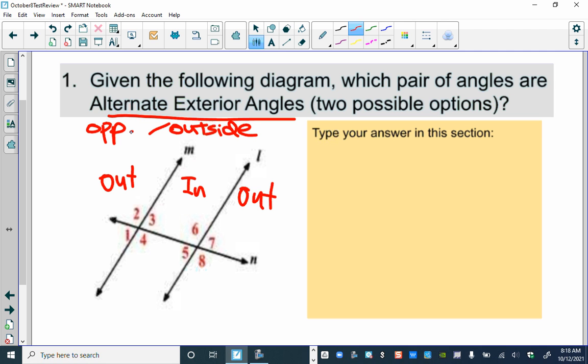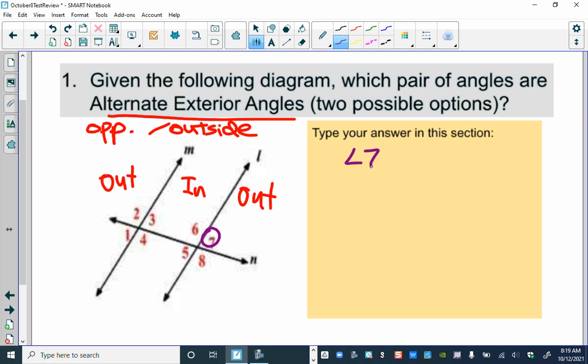All right. So, how about somebody volunteer? Pick at least one angle that's outside the parallel lines. Okay, 7. Angle 7 is right here. What angle, along with angle 7, would be considered alternate exterior? Is it 2, 1, or 8?